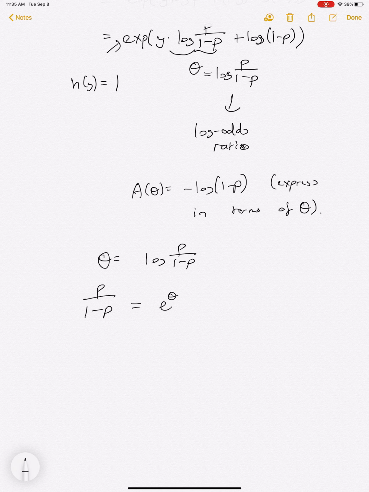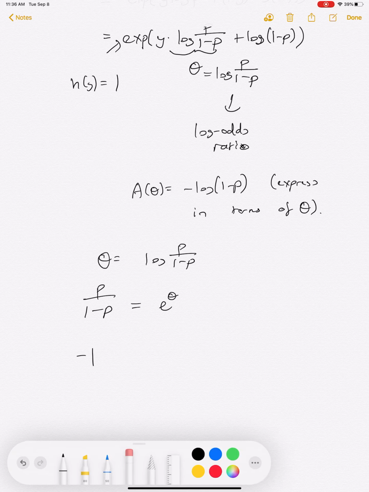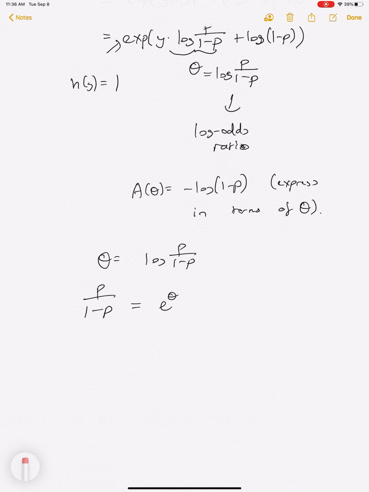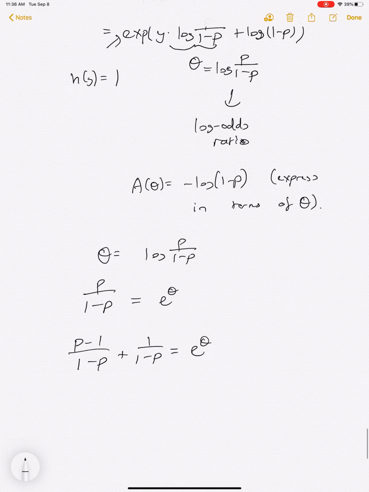And the way that we can do that is that we can rewrite this as e to the theta.